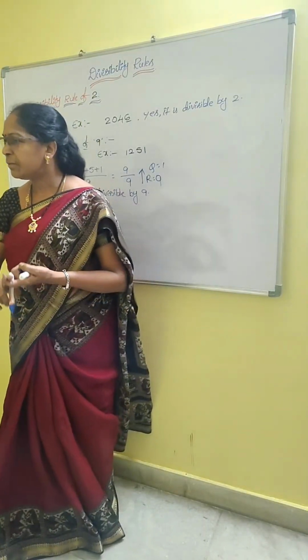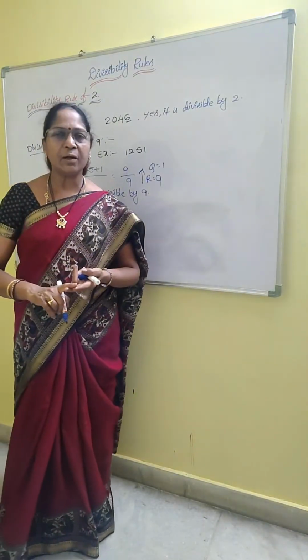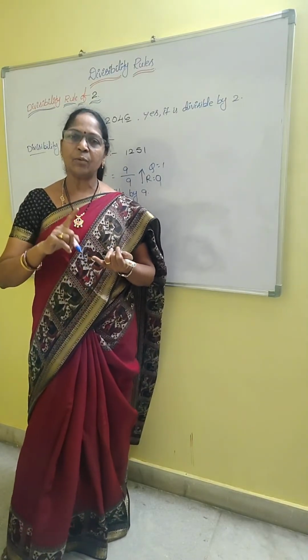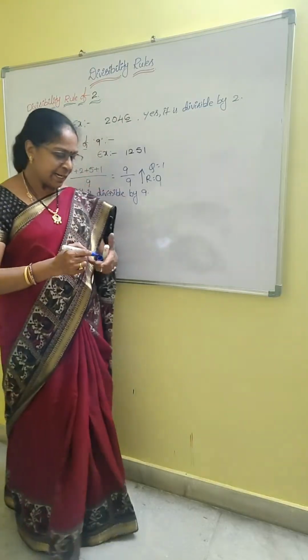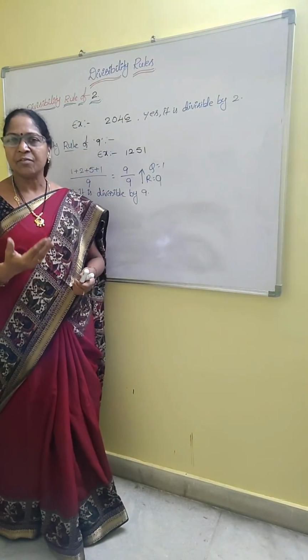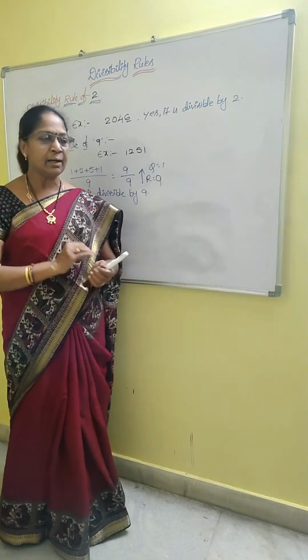So the divisibility rule of 2, of 3, of 6, as well as of 9 are completed. Next are the divisibility rules of 4 and 8. These two are related formulas.